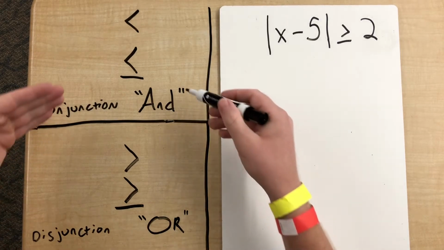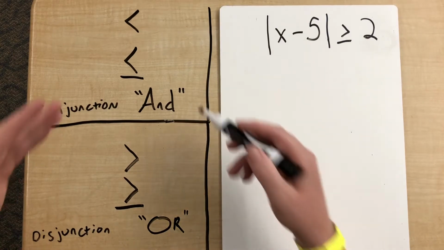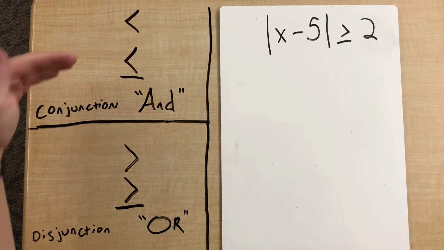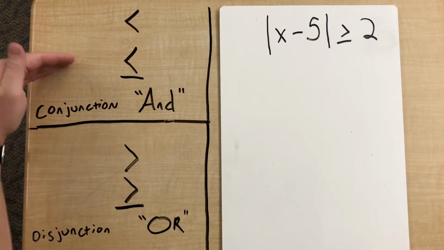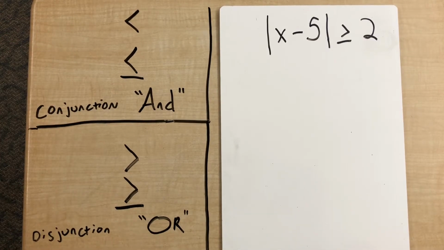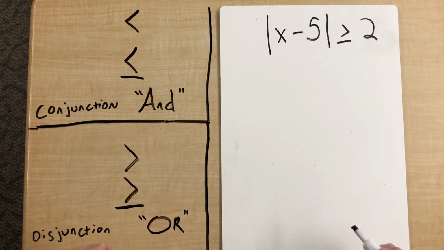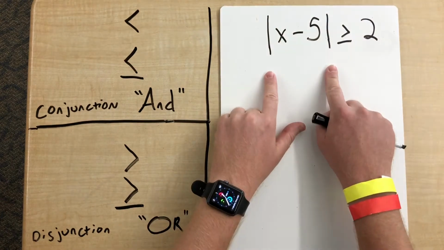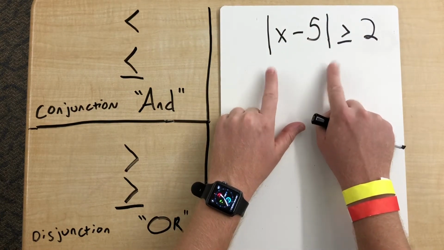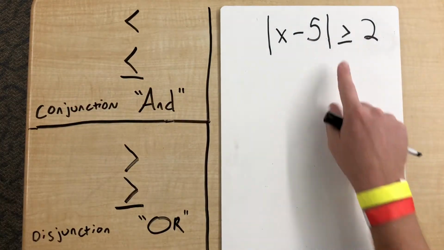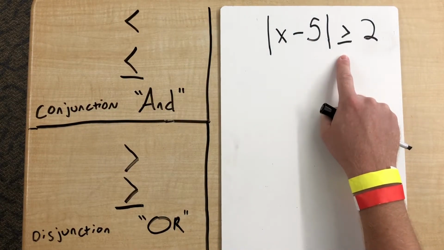Notice I have kind of a key on the side here, and I will be providing this for you as well. If there's something I'd either want you to memorize or know, this is kind of the cheat sheet of how we're going to solve absolute value inequalities, okay? So first off, whenever you see the absolute value all by itself and isolated, right now this absolute value of x minus 5, that's isolated, there's nothing else going on, take notice of the inequality sign.